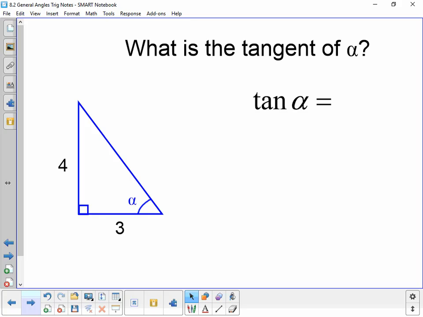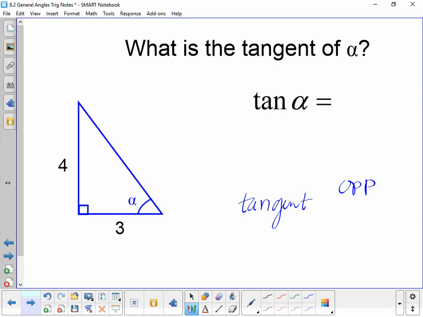So if we look at a triangle like this and we want to know the tangent of alpha, that symbol is the Greek letter alpha. You hopefully remember that the tangent is always the ratio of the opposite side over the adjacent side.